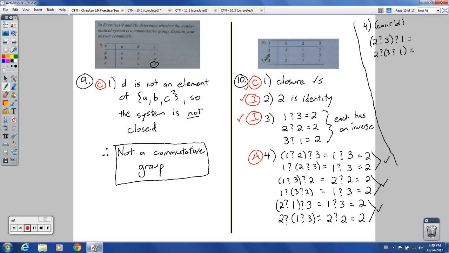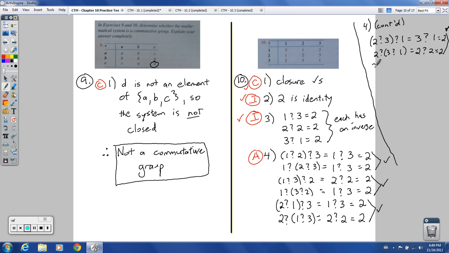So what's 2 question mark 3? 2 question mark 3 is 3, and 3 question mark 1 is 2. So is that the same as what we have here? 2 question mark, do 3 question mark 1 first. 3 question mark 1 is 2. So 2 question mark 2, that's 2. These are both the same right here. And so that's checking out. That's good to go. So we'll check mark right there.